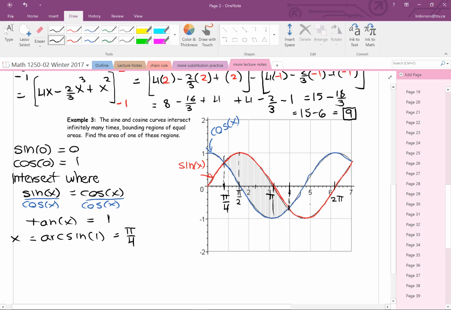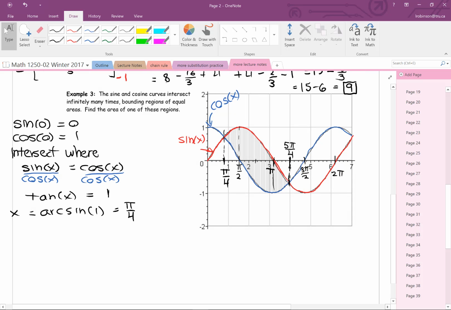That's one complete cycle. So this must be 3 pi over 2, or 1.5 pi. So this must be a pi plus 1/4 of a pi. So in other words, it's 4 quarters plus 1/4 would be 5 pi over 4. But on a test or something, I'll give you where they intersect, especially if it involves solving a trig equation, which are always kind of a pain in the neck.